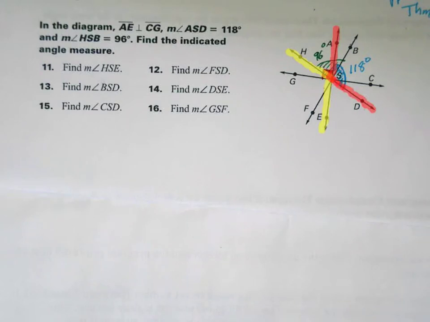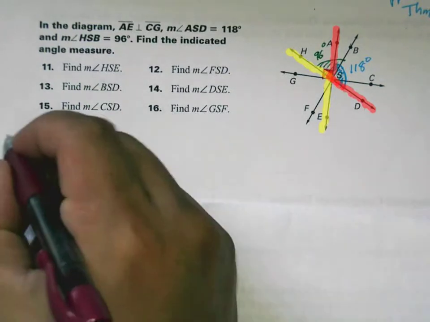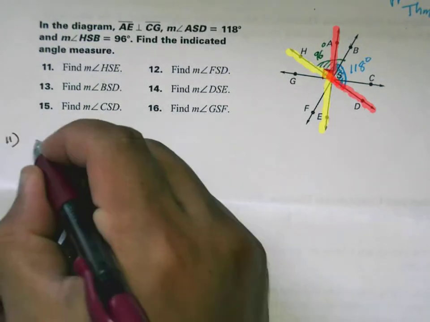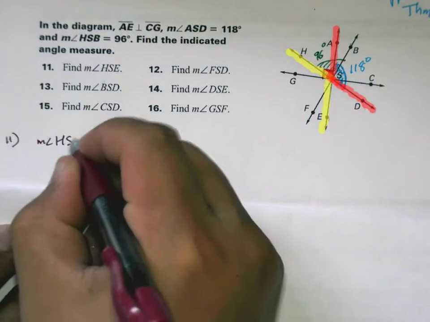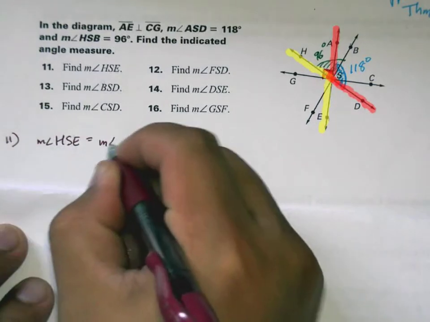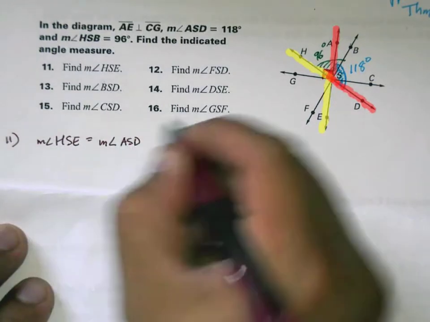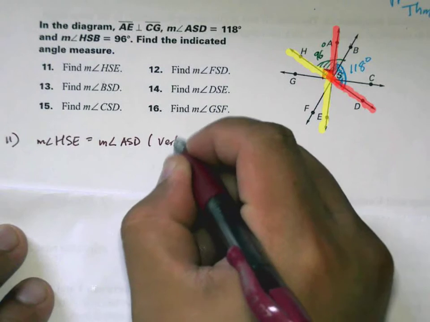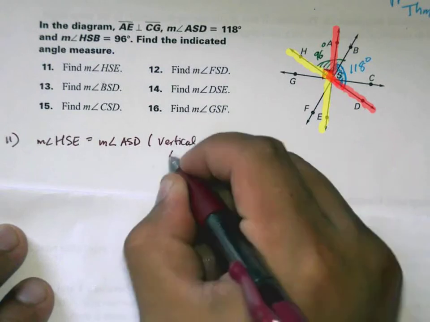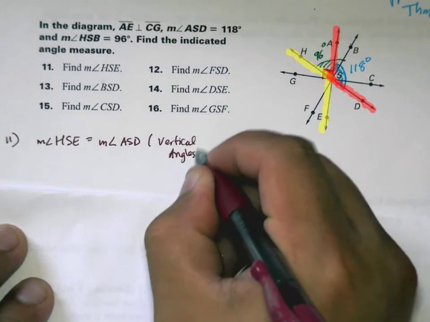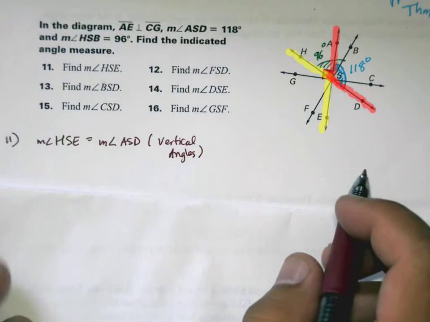But ASD, so I'm going to write this out here for number 11. Measure of HSE is equal to the measure of ASD because they are vertical angles. And since they are vertical angles, we know they are equal to each other. But we already know from up here that ASD is 118 degrees.